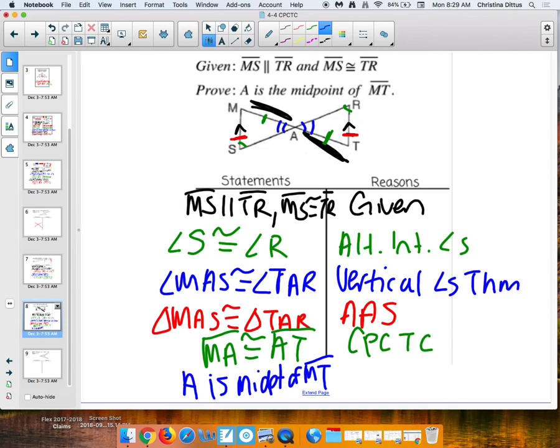Why can you say, if you know A is a midpoint, that MA is congruent to AT?